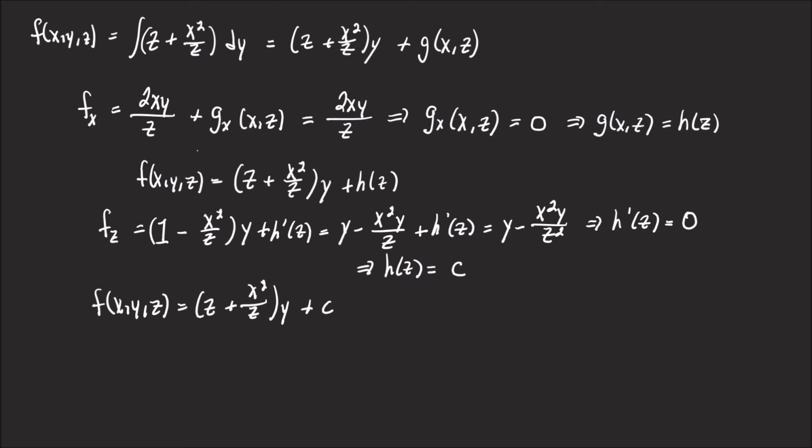Now we can set our constant to be whatever we want. So we can set it to be 0, for instance. And we can get a potential function f as simply zy plus x squared y all over z.